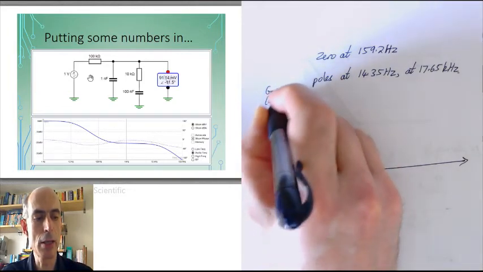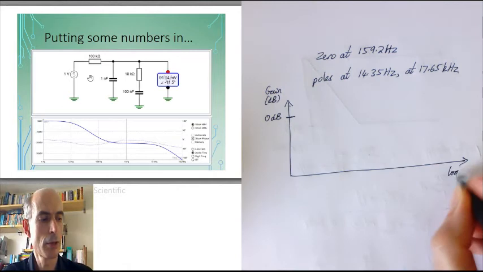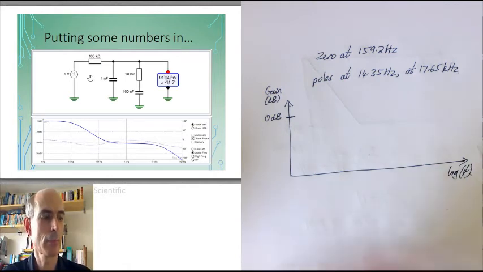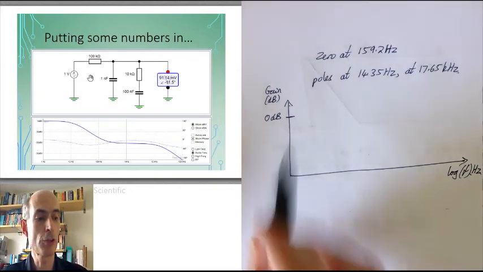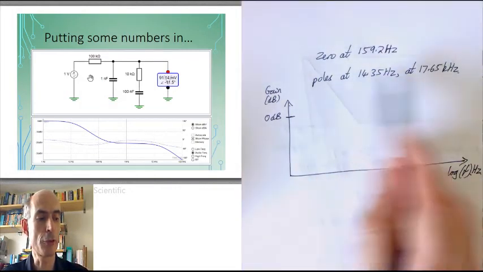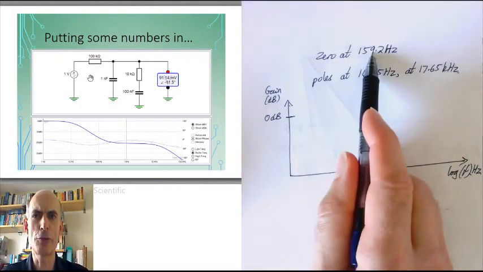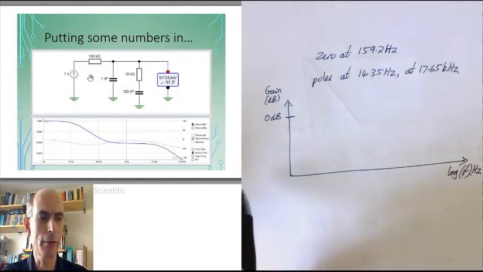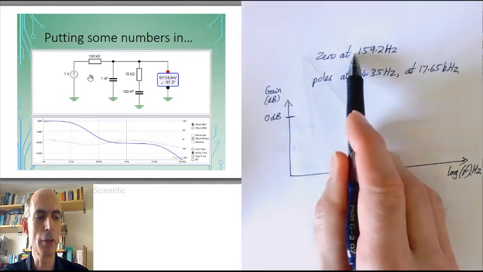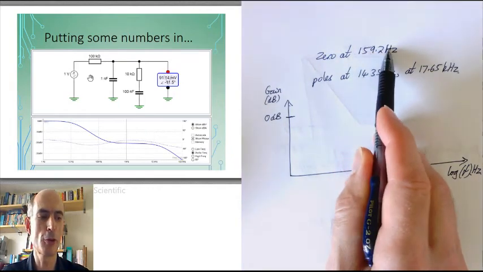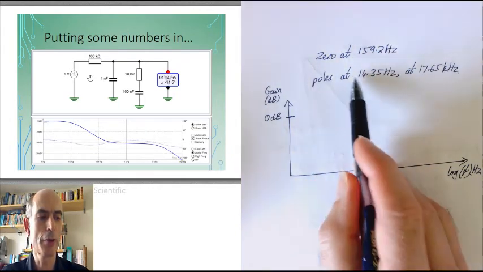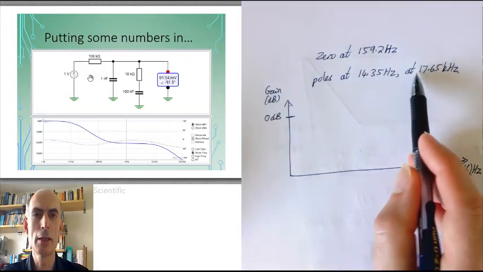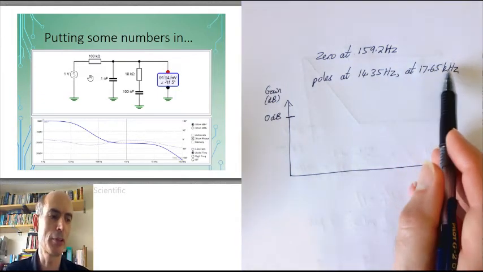Gain in dB, log of frequency in hertz in this case. At all frequencies below the break frequencies, these are the break frequencies of the zeros and the poles, by the way. I should have made that clear. The actual zero is at minus 159.2 hertz. The actual poles are at minus 14.35 and minus 17.65 kilohertz.